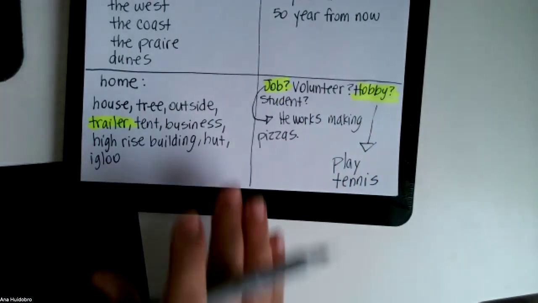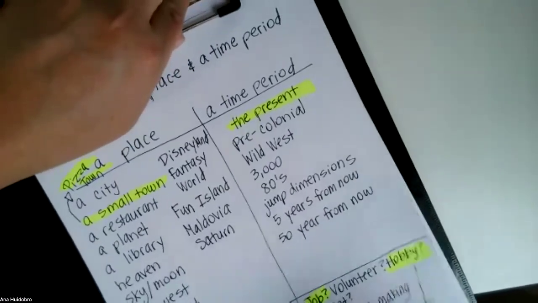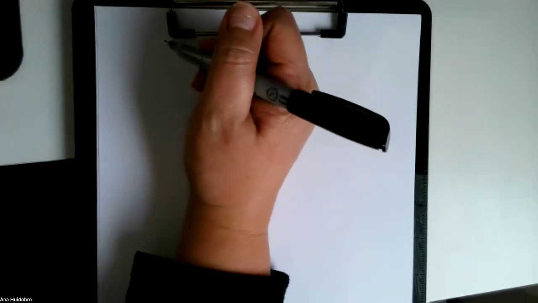Perfect, perfect. The last part that we're going to do is we have to talk about other people, because most of our stories include other people, right? So I'm going to write options, because we're not going to write this huge story. We're just going to write a character profile.